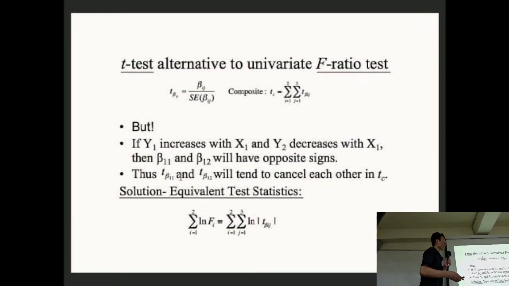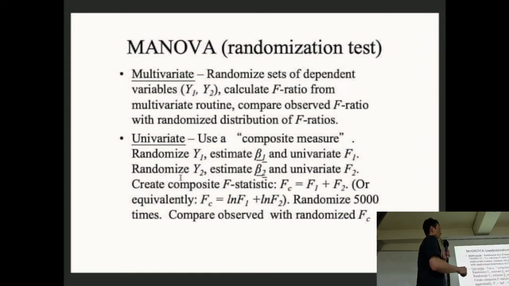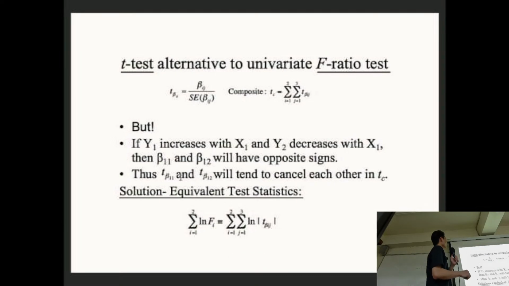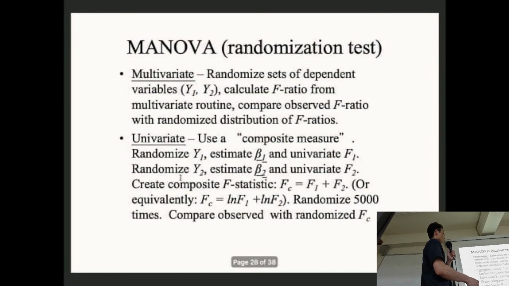Just keep in mind, if you choose to do it this way, you need to be careful. Because for each univariate F ratio, we can compute something like the t value of beta, right? That's the classical way. And then we composite them. You might sum them, or you take a log and sum them.